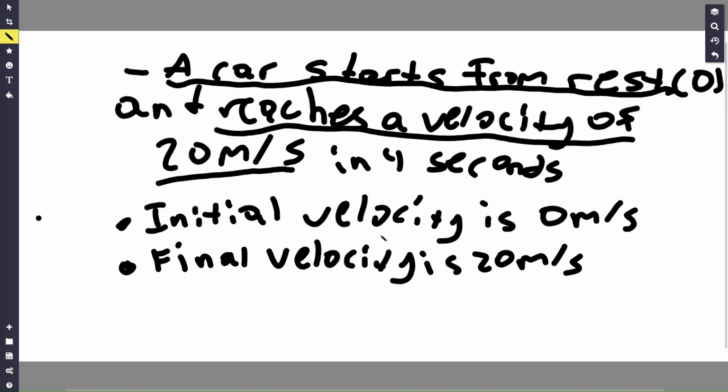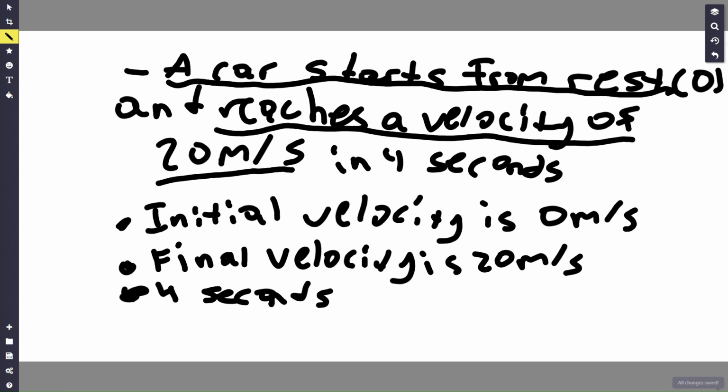And the time that we have, 4 seconds. Our goal is to find acceleration.